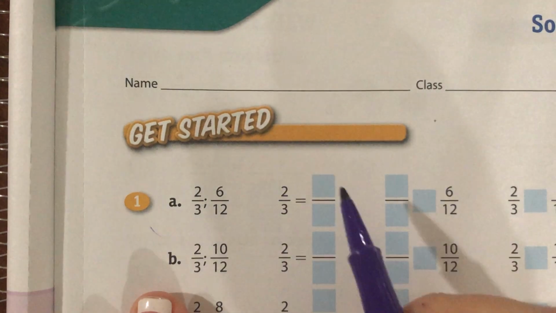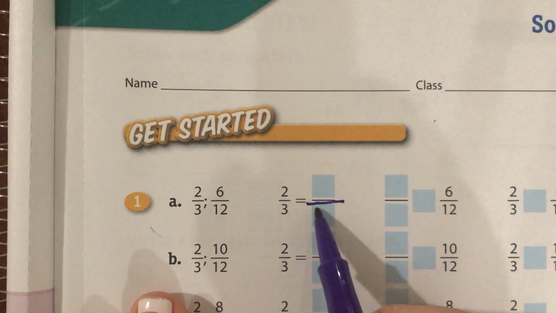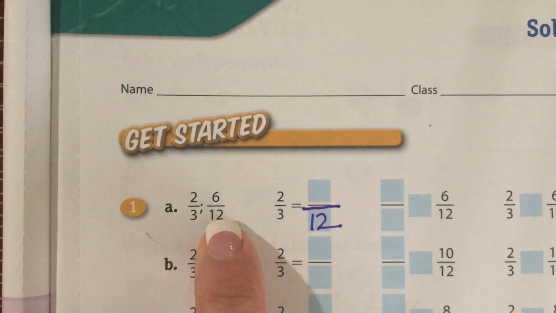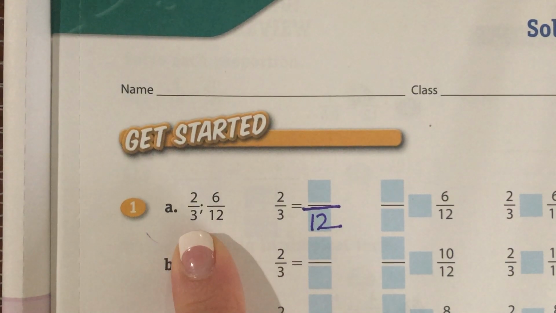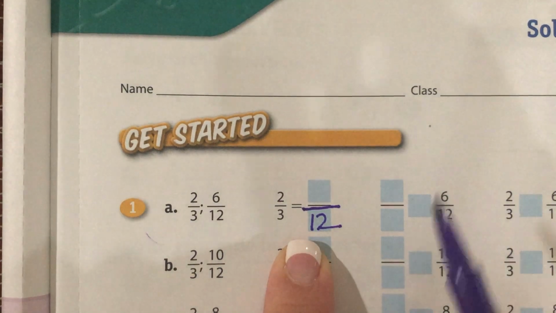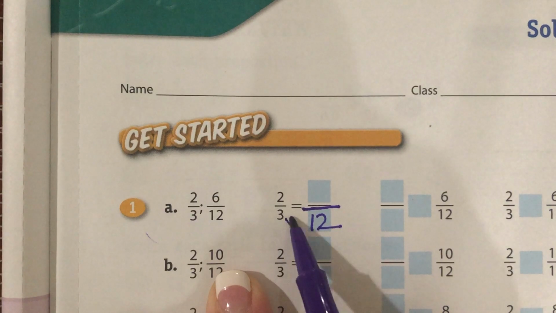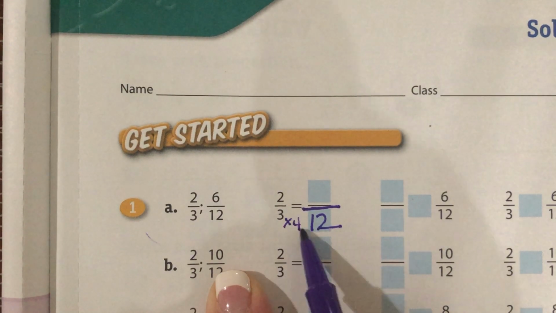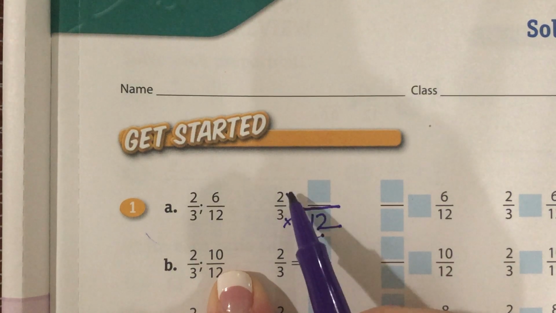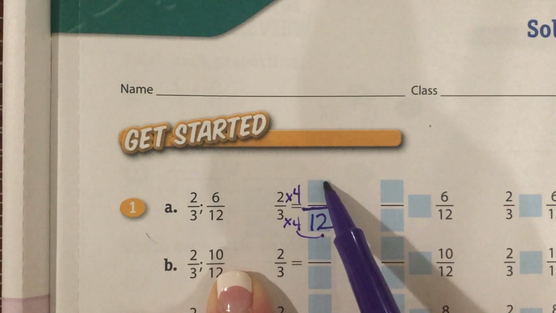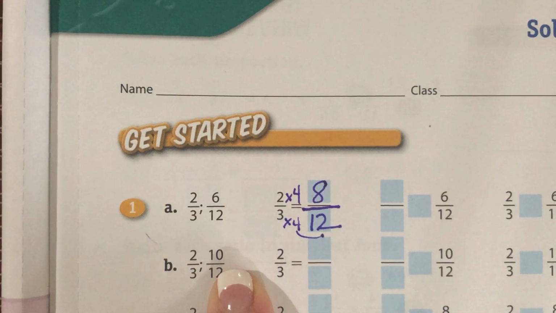And our common denominator is going to be 12 because 3 is a factor of 12 because 3 times 4 is 12, right? So if I had to multiply 3 times 4 to get to 12, what I do to the bottom, I have to do to the top, and then that would turn into an 8, all right?